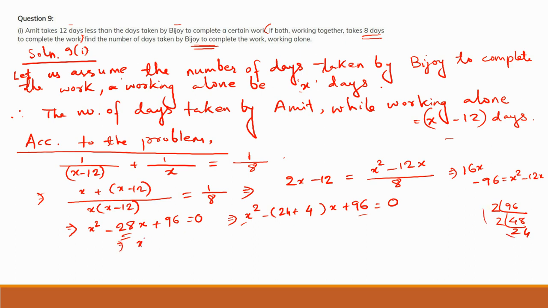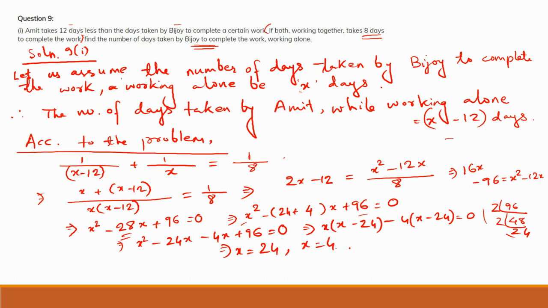So this is how we factor: X square minus 24X minus 4X plus 96 equals 0. From here we get X times X minus 24, minus 4 times X minus 24, equals 0. From here we get X equals 24 or X equals 4.